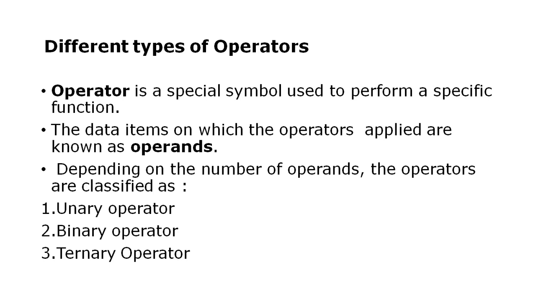The unary operator takes only one operand to process the data, and the binary operator takes two operands to process the data. Unary example is a plus plus, and the binary example is a plus b.